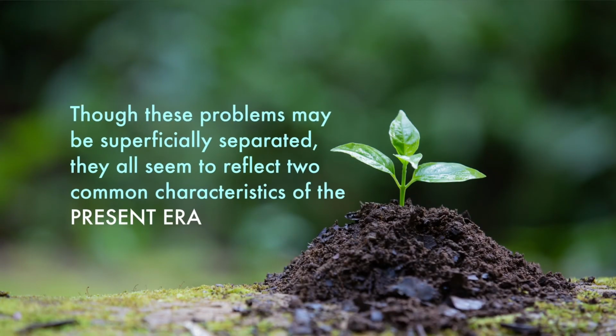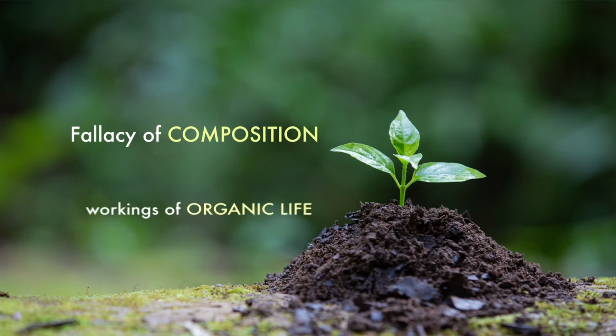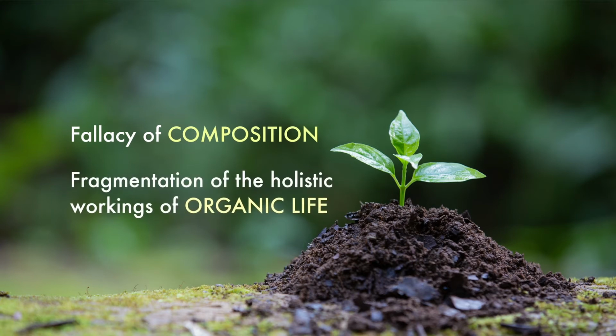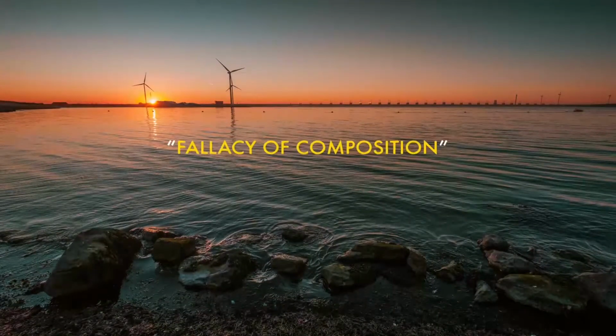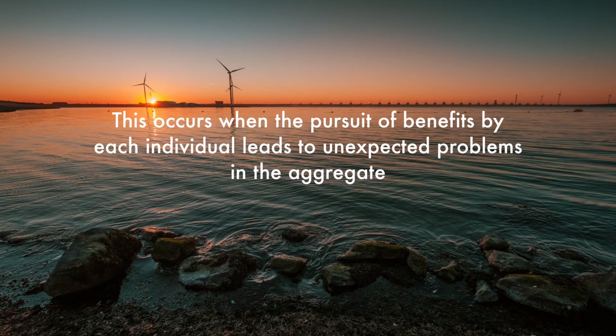Though these problems may be superficially separate, we can see that they reflect two common characteristics of the present era: fallacy of composition, and fragmentation of holistic working of organic life. First, the fallacy of composition characteristic. This occurs when pursuit of benefits by each individual leads to unexpected problems in aggregate.